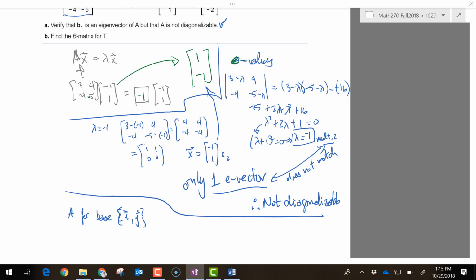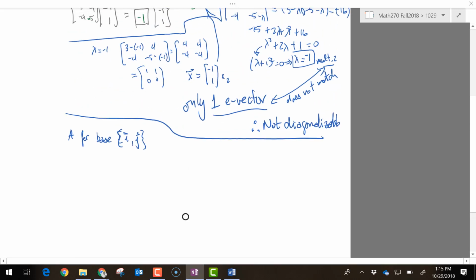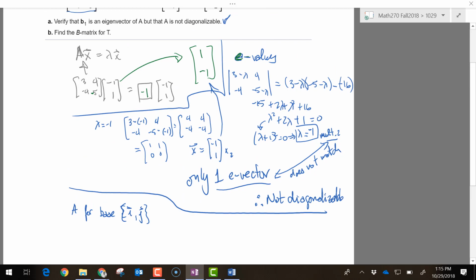Let me see if I can remember this. What we want to do is look at the transformation as a transformation. So our matrix A was 3, 4, -4, -5, right?